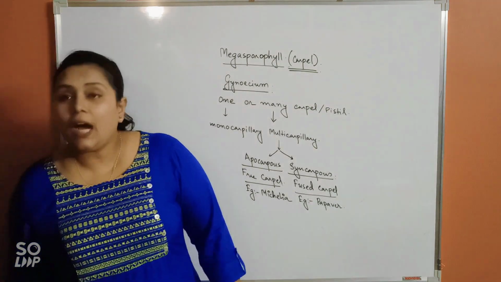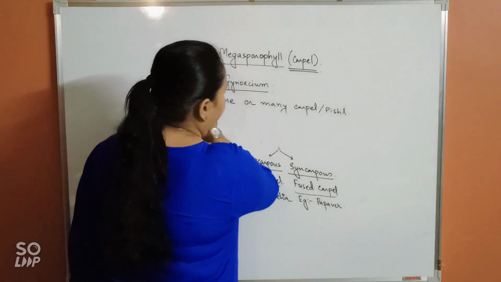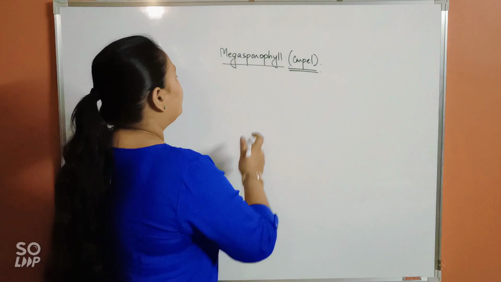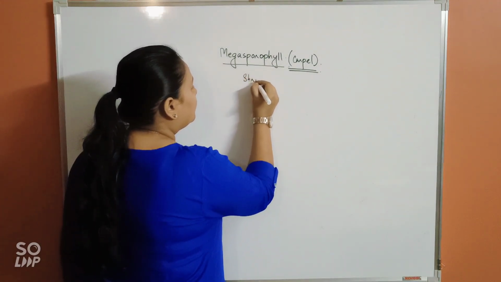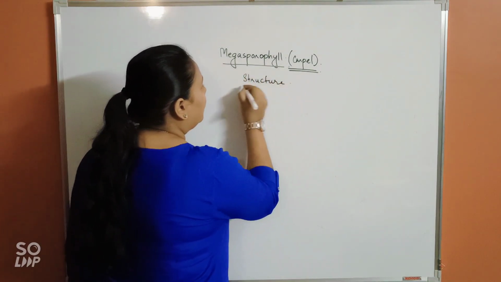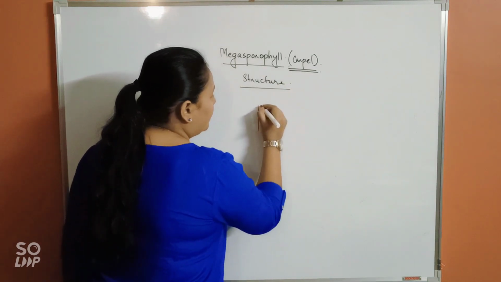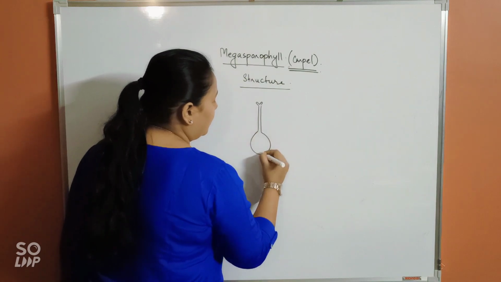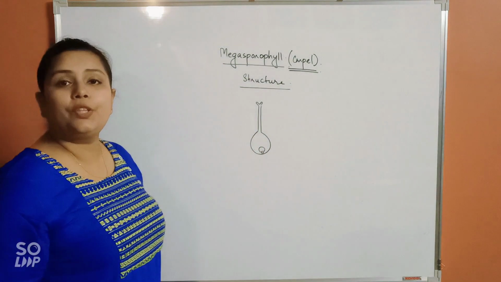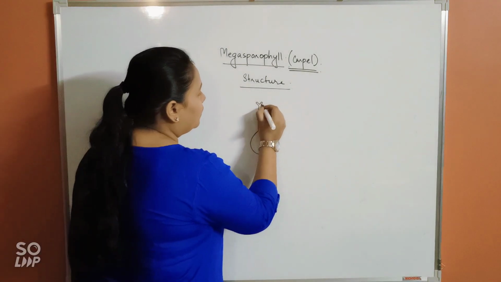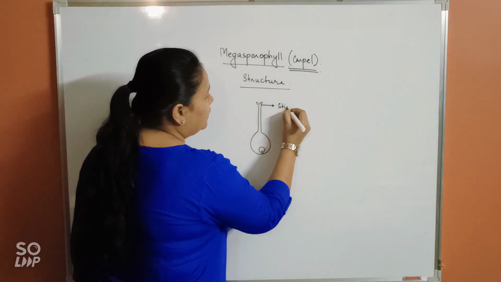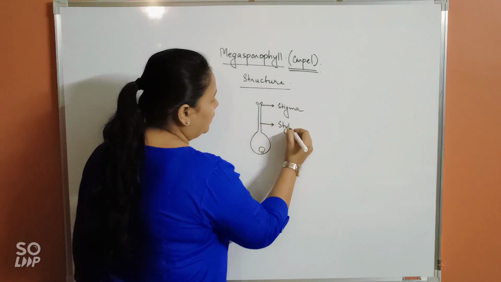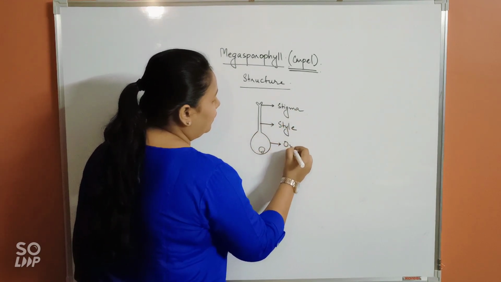Now, regarding the structure of the carpel, you know very well that the carpel consists of three parts: stigma, style and ovary.